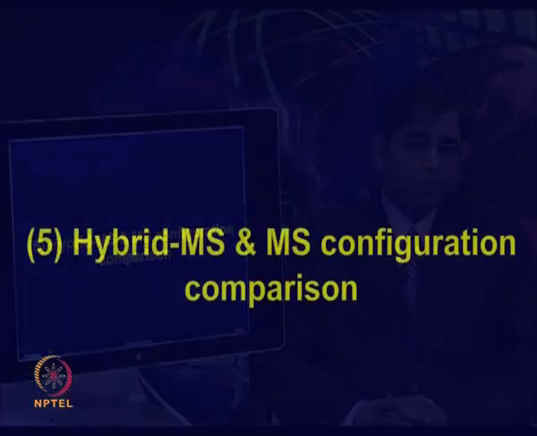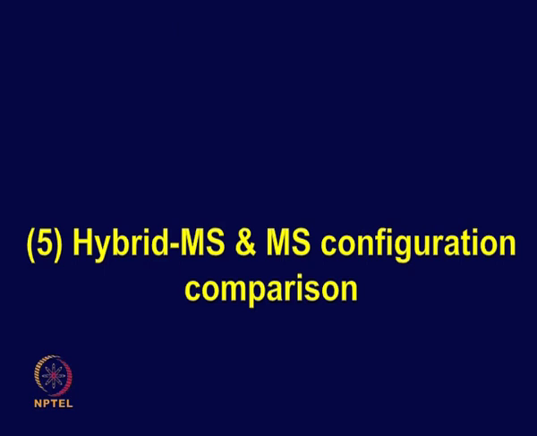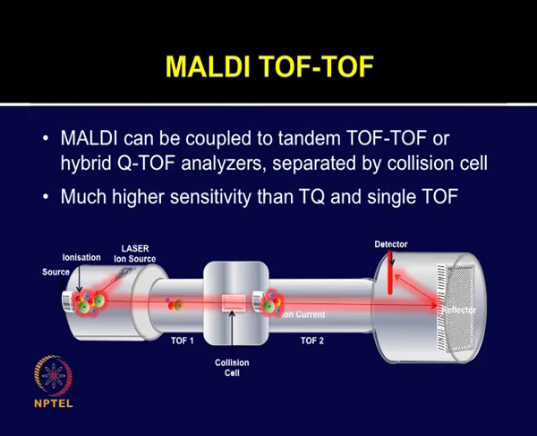So, we have discussed all the important components of liquid chromatography mass spectrometry. Now, one can apply these configurations in tandem. One can select different types of mass analyzers and use them based on their applications. So, now we will look at some of the popular hybrid MS and MS-MS configurations. Multi-TOF is one of the widely used tandem MS configurations.